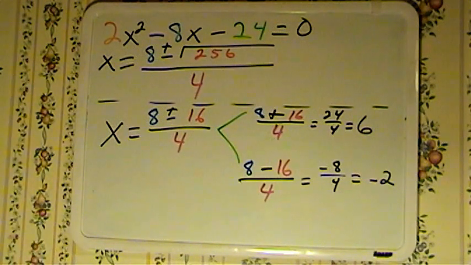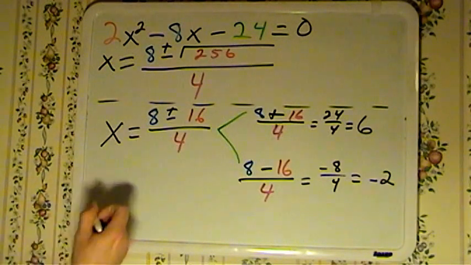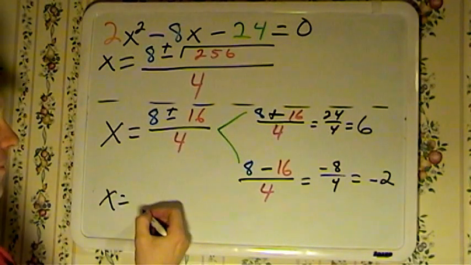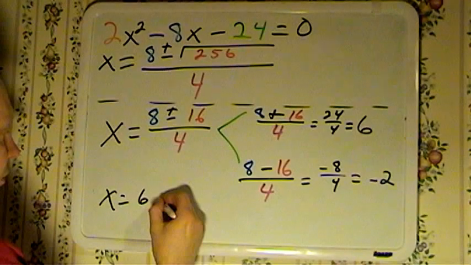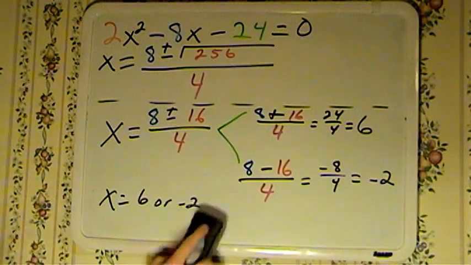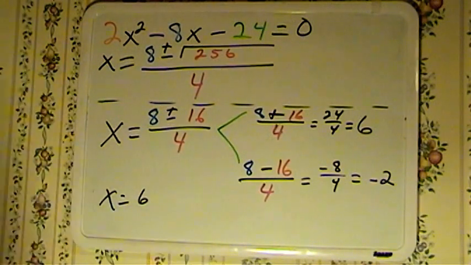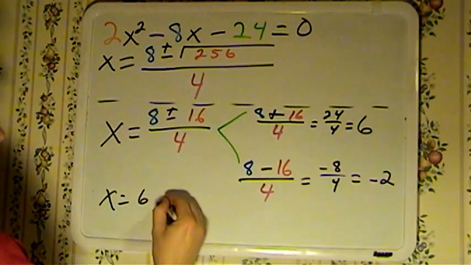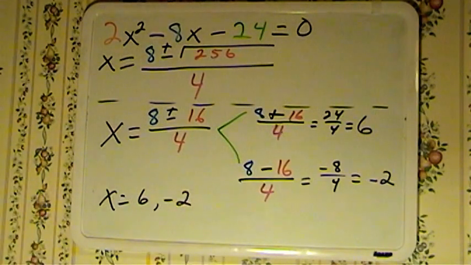So we know that x equals 6 or negative 2. It can equal either one, because both of these are valid values for x, unless you're told specifically you aren't allowed to use the negative.